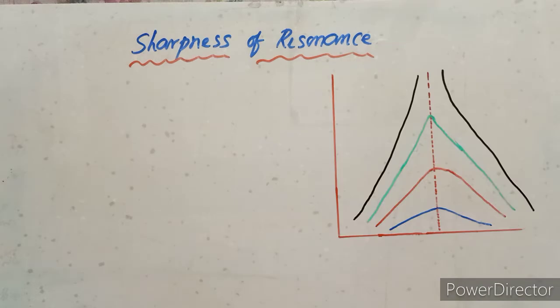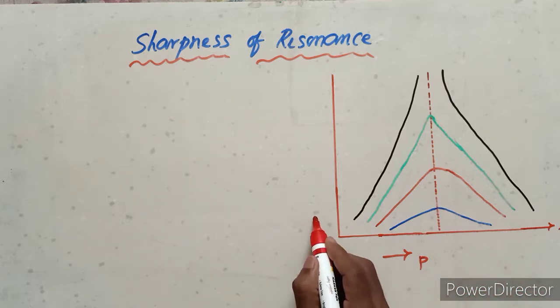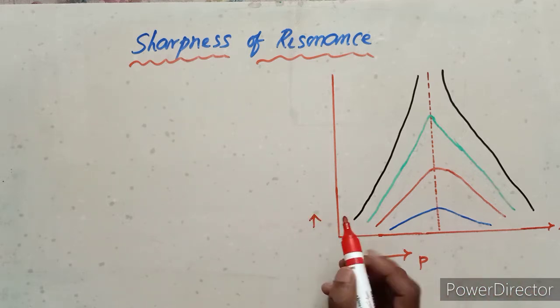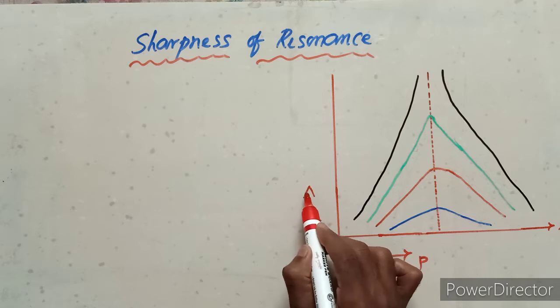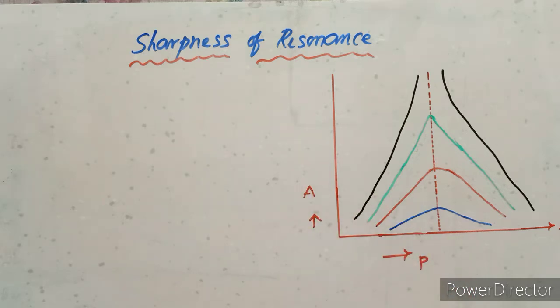Now I am going to explain this graph. On the x-axis is the driving frequency, and on the y-axis is the amplitude.